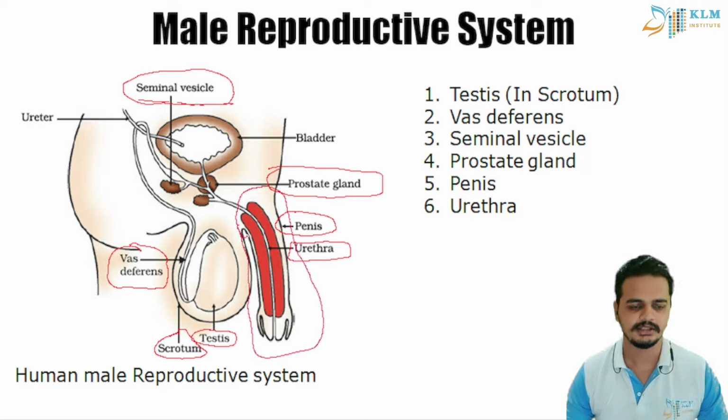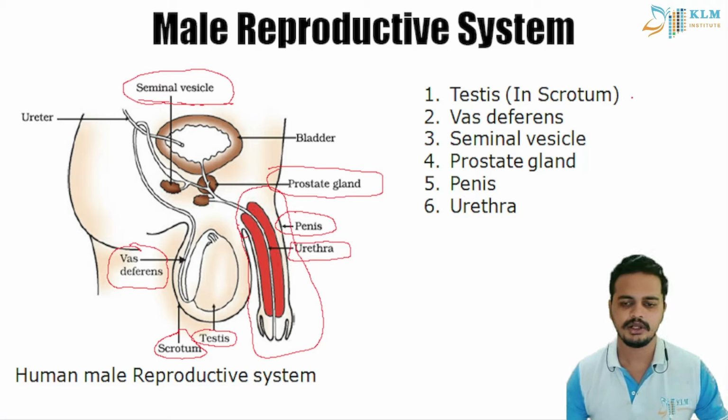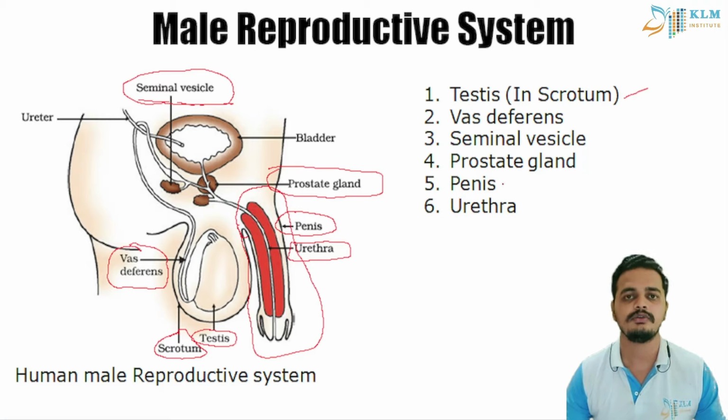The production of sperm happens in the testis, and it travels through the vas deferens, and the secretions of the seminal vesicle and prostate glands are added to the sperm, and it is exited through the urethra.